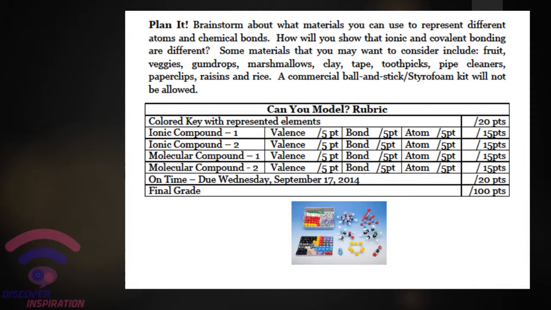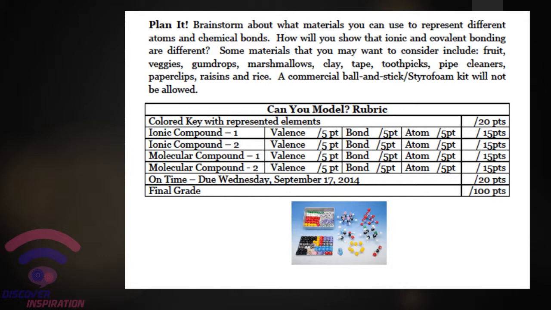If you're telling me that water is an ionic compound and not a molecular compound, then you're going to get that bond wrong. So you kind of want to use the rubric as your guide, and make sure you do it on time to know, okay, this is what I need to have in my kit, and I need to have my key that I can use to guide me as I put these things together.